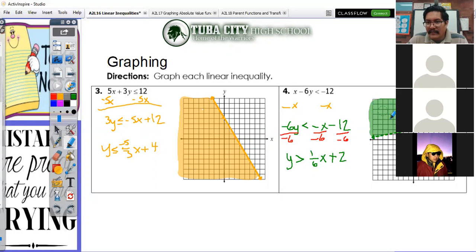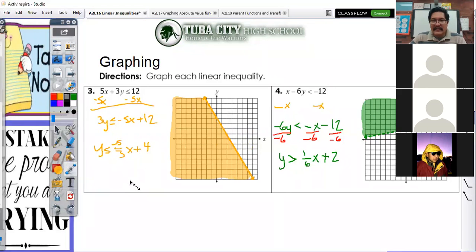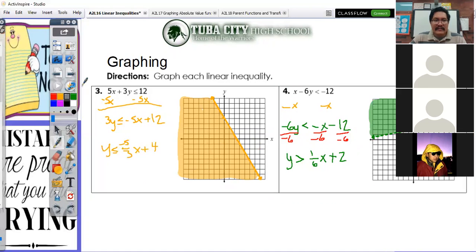Pens don't make a very good shading tool. So there we go. The top is shaded because the mouth is opening towards the y. And I think that's it for this one here. We are pretty much done with this. So let's move on to questions number 5 and 6.